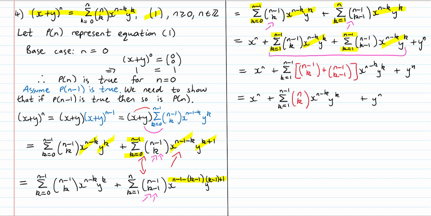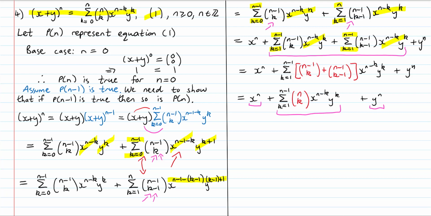Okay, so that part in red there is just making use of Pascal's rule. So this term here is almost the same as the right hand side of equation 1, except here we're summing from k equals 1 up to k equals n minus 1. But we can note that when we had k equal to 0, we got our x to the n term, and when we had k equal to n, that's when we had our y to the n term.